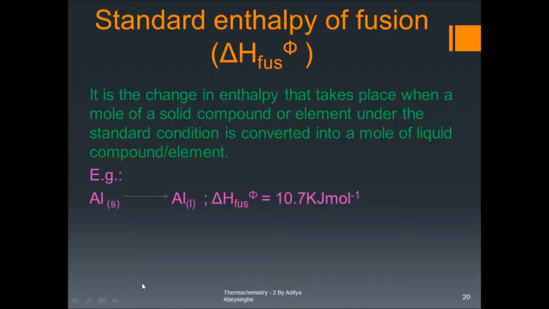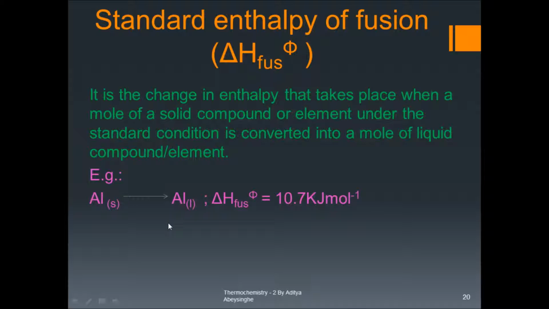As in the case of the standard enthalpy of sublimation and the standard enthalpy of evaporation, the standard enthalpy of fusion, denoted ΔH°fus, is the change in enthalpy that takes place when a mole of a solid compound or element under the standard conditions is converted into a mole of the liquid compound or element. In sublimation, we converted the solid directly into the gas, not going through liquid.